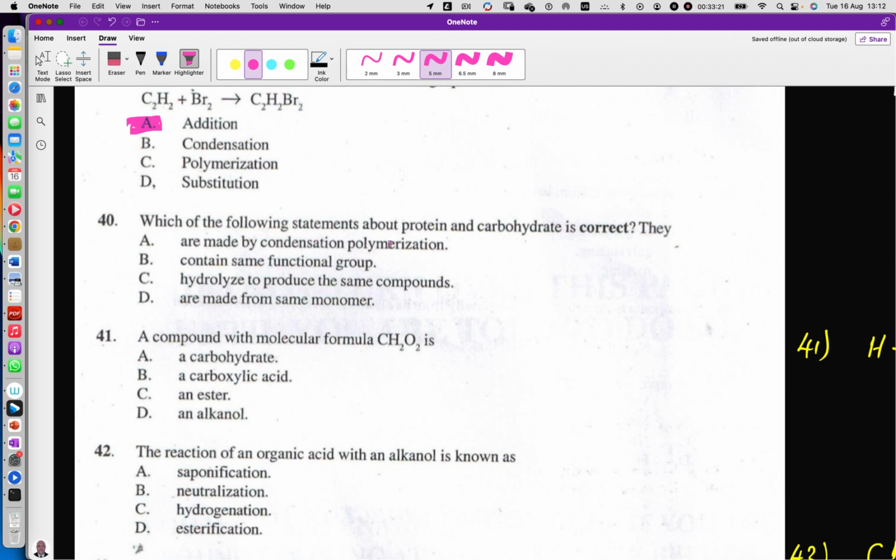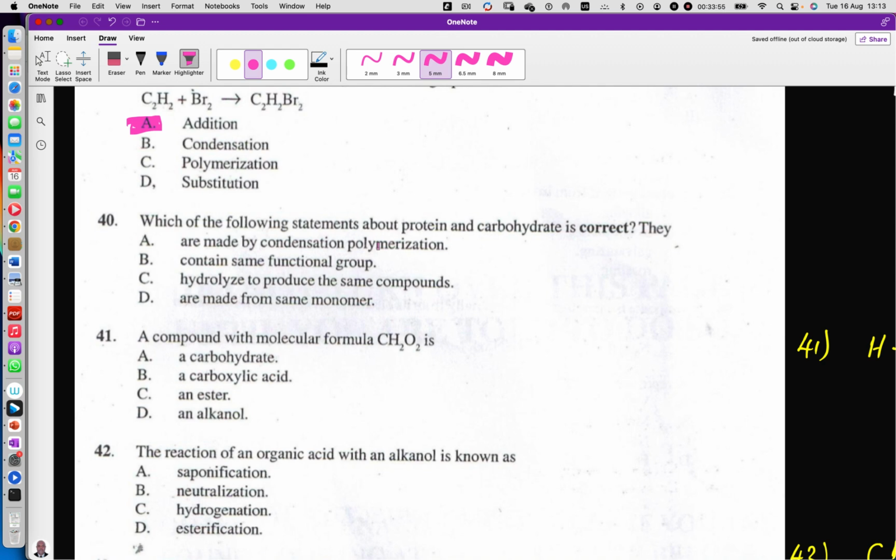Remember that proteins are made up of a polymerization of amino compounds, organic compounds containing the amine group. When they come together with the release of a molecule of water, the resultant is a protein molecule.